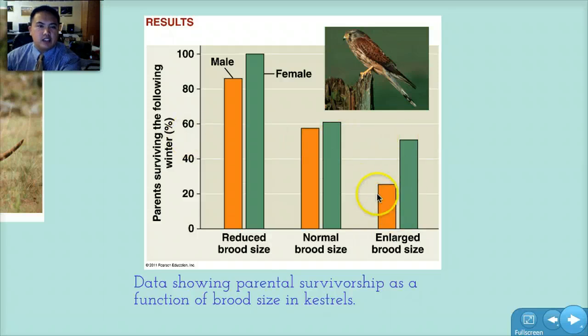We're talking about 50% of females and about 25-30% of males surviving when there's a lot of kids. When there's very, very few kids, almost 100% of the females live, and over 80% of the males live. So we're talking about the parents really taking care of the kids if there are not a lot of kids. Or another way to think about it for humans, if you don't have a lot of kids, you take care of each kid more carefully.